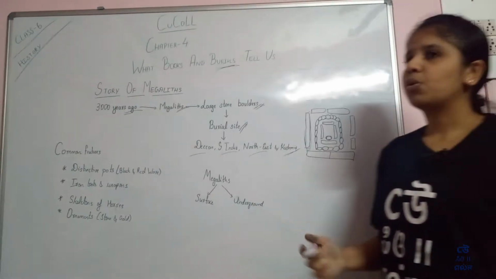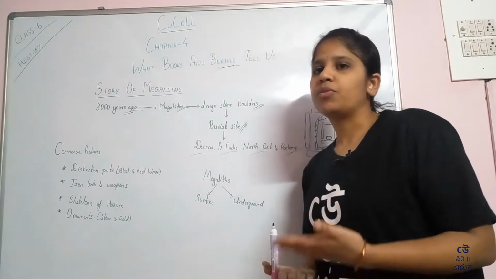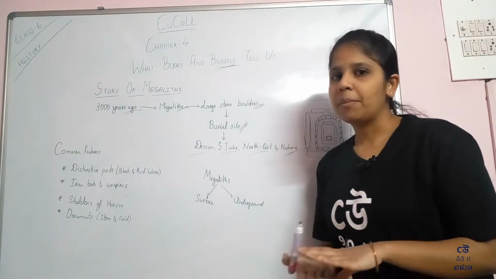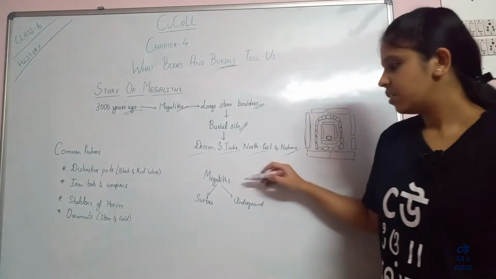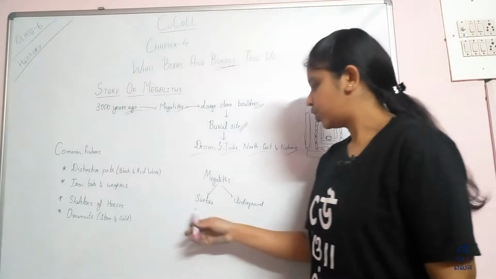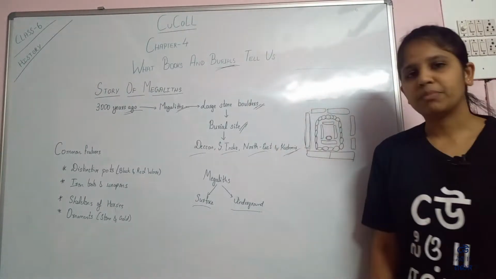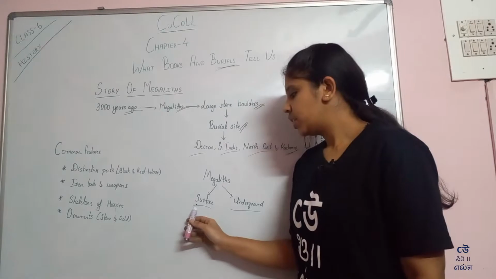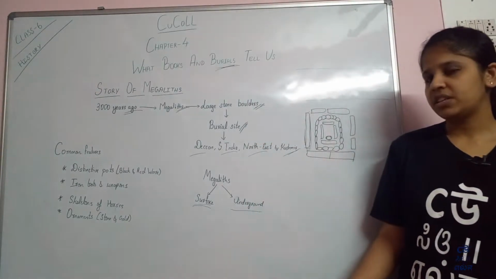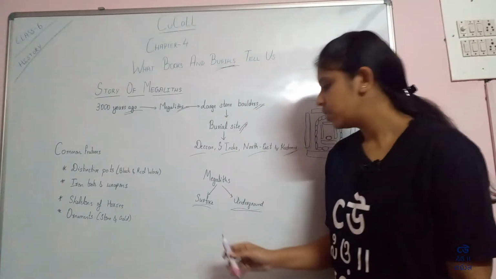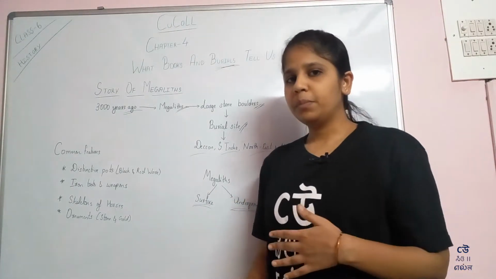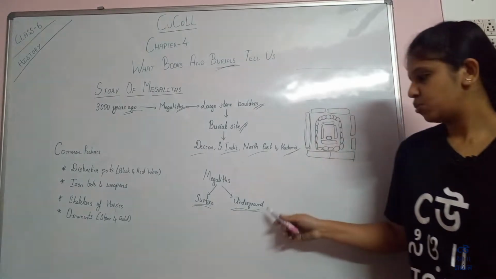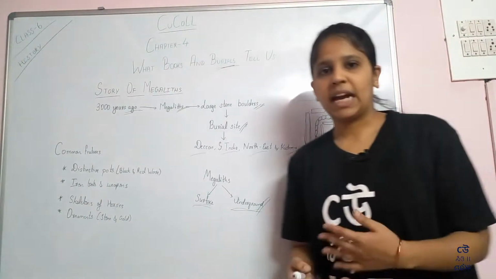Archaeologists also found that some megaliths were on the surface and the others were underground. So there were two types of megaliths: one easily found on the surface and the other underground, beneath. How did they find these underground megaliths?